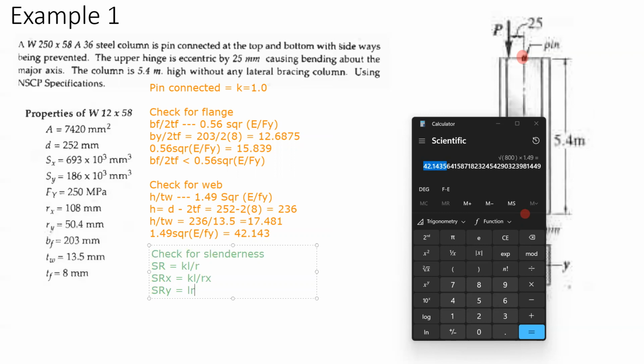This is KL over RY. For this case, our K is 1.0 since it is pin connected. So that is 1 times our length, 5.4 meters. Let us convert that into millimeters, magiging 54,000 divided by Rx. Rx natin is 108.